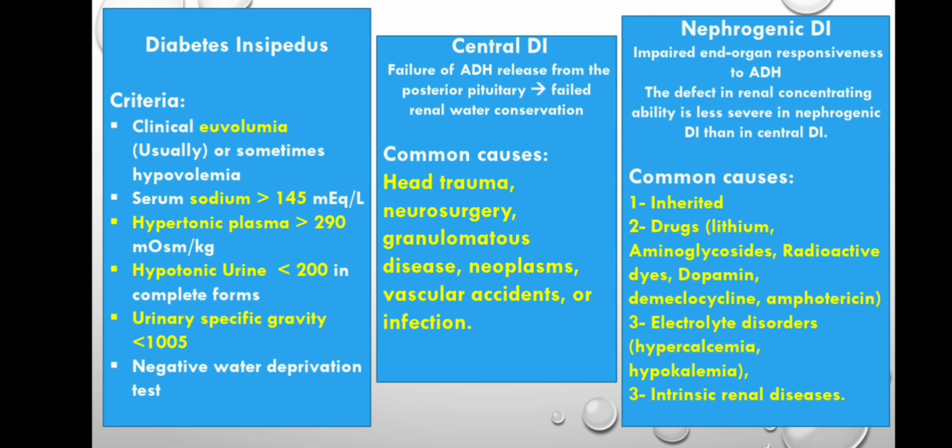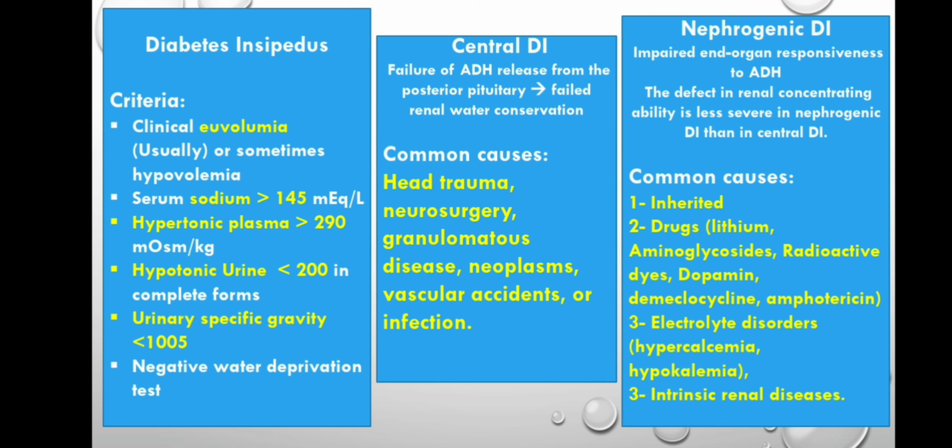Drugs that cause nephrogenic DI: lithium is very important, aminoglycosides and amphotericin, radioactive dyes, dopamine, demeclocycline. So 2A: aminoglycosides, amphotericin; 3D: dyes (radioactive dyes), dopamine, demeclocycline; and L: lithium. Again, aminoglycosides, amphotericin, radioactive dye, dopamine, demeclocycline, and lithium. All these medications can cause nephrogenic DI.